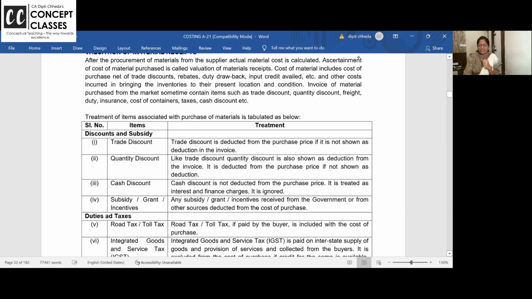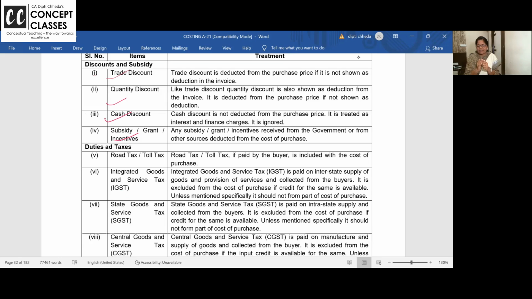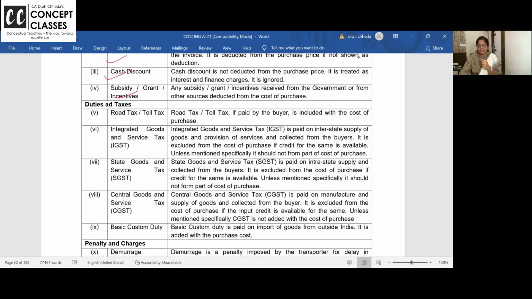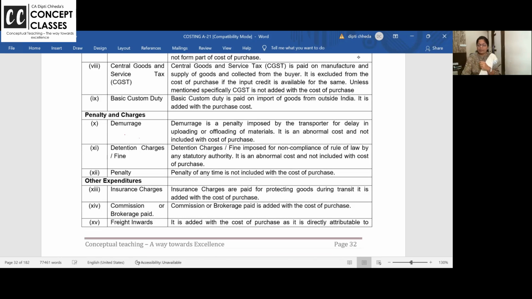Trade discount you will subtract, quantity discount subtract from the cost of the purchase, cash discount subtract, subsidy and all. Duties and taxes: add the taxes if you are not getting the credit, IGST and customs duties and all. Demurrage charges, detention and penalties: demurrage charges is the penalty imposed by the transporter for delay.